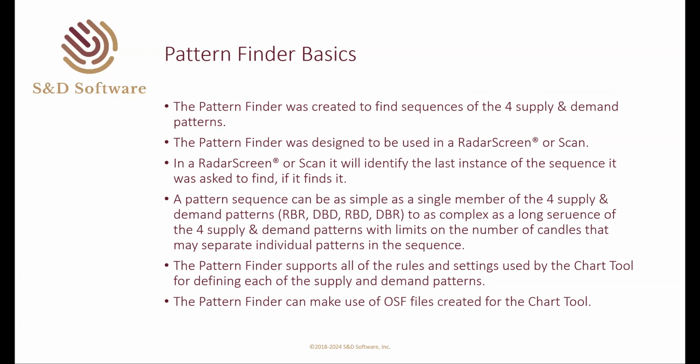Now, in addition to having it look for a sequence like that, you can also set limits on how far apart the different items in a sequence can be. So in the sequence I specified before, where we were trying to find a W, and we started out with a drop-based drop, we could say that we want to find the drop-based rally within 40 candles.